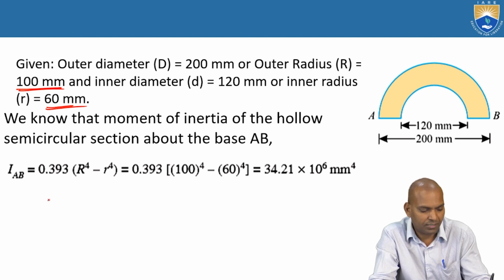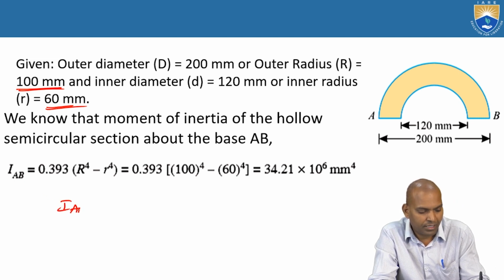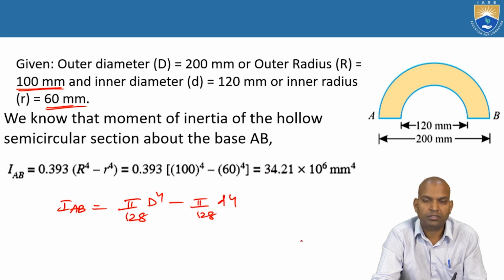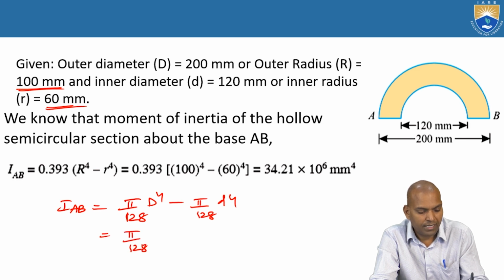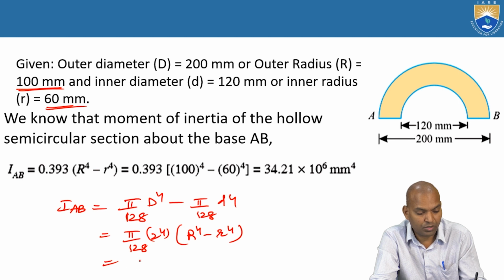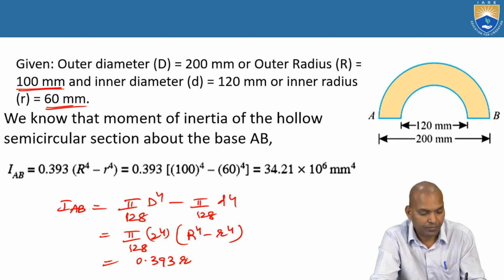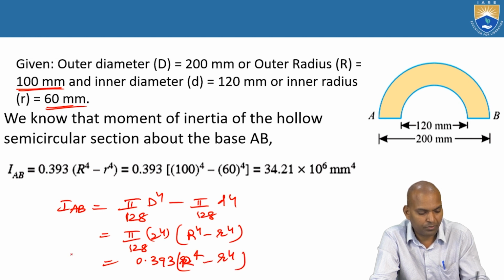Just now we calculated I_AB equal to pi by 128 capital D power 4 minus pi by 128 small d power 4. For a semicircle, this is pi by 128 times 2 power 4, common, times capital R power 4 minus small r power 4. Pi by 128 times 2 power 4 becomes 0.393. So I_AB equals 0.393 times (R power 4 minus r power 4).